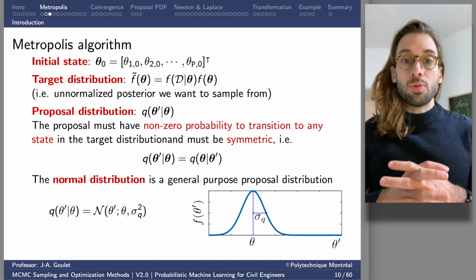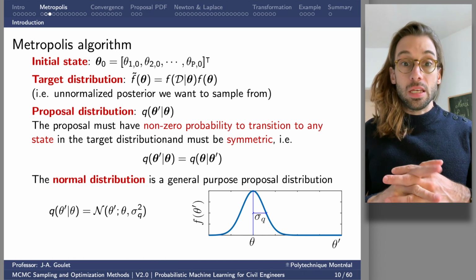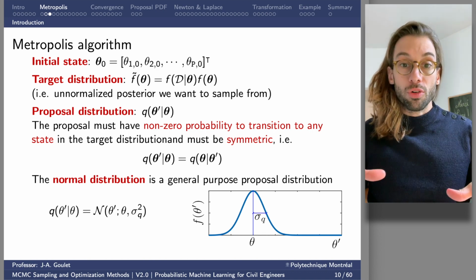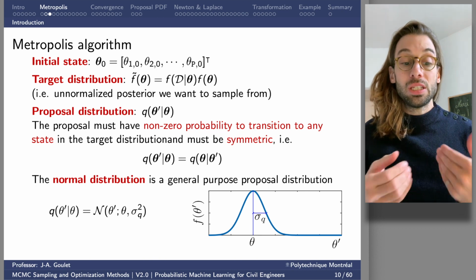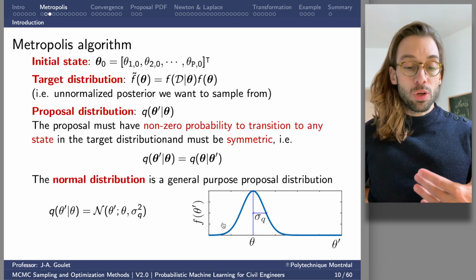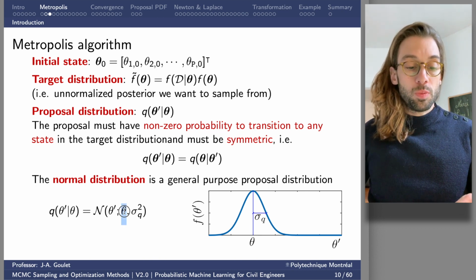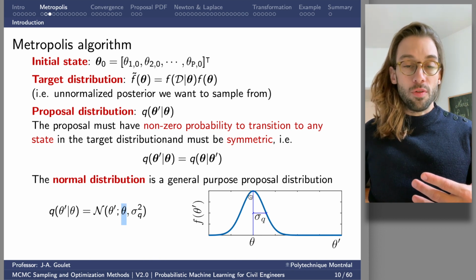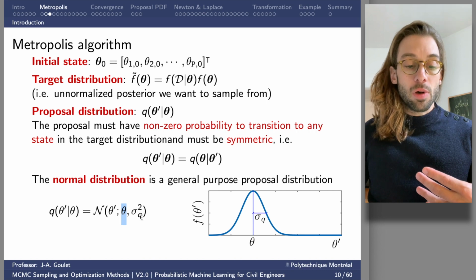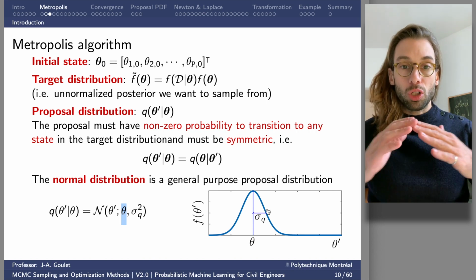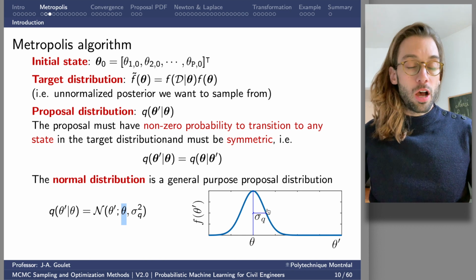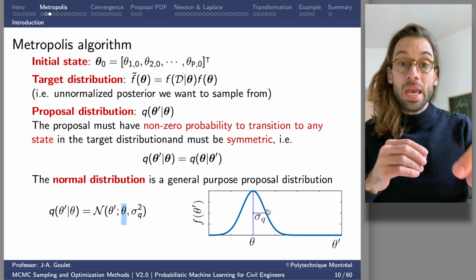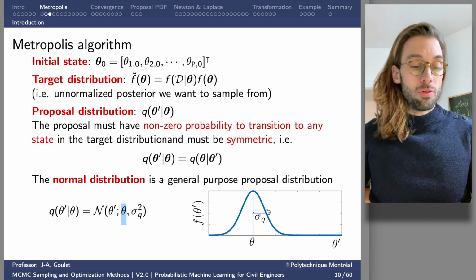A generic proposal distribution that will satisfy these two conditions would be the normal distribution, which is non-zero over the entire real space and which is symmetric. In that case, we could use a normal distribution centered, so having an expected value equal to the current parameter value, and variance sigma q squared, which is a parameter that will control the dispersion of that distribution, which will in turn control how big my steps are in my random walk.